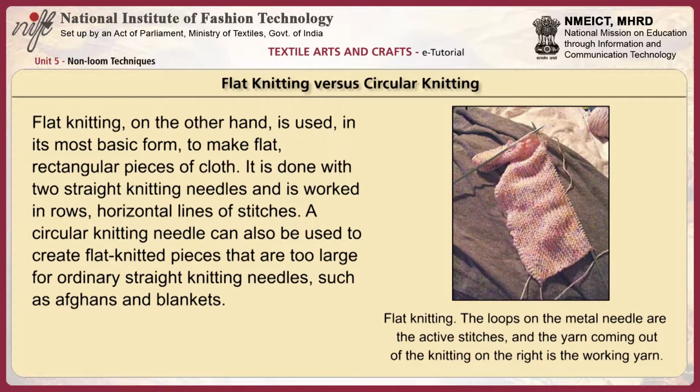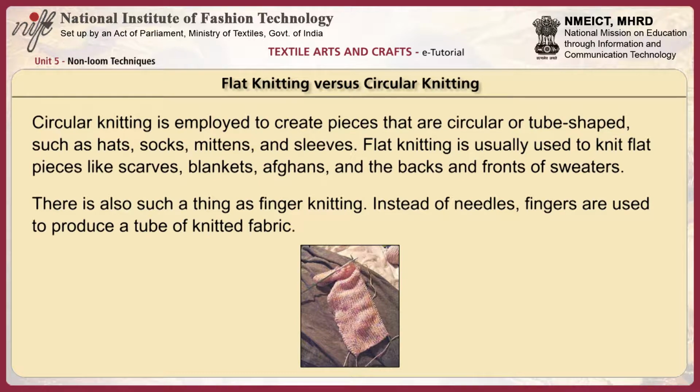Flat knitting, on the other hand, is used in its most basic form to make flat, rectangular pieces of cloth. It is done with two straight knitting needles and is worked in rows, horizontal lines of stitches. A circular knitting needle can also be used to create flat knitted pieces that are too large for ordinary straight knitting needles, such as afghans and blankets.